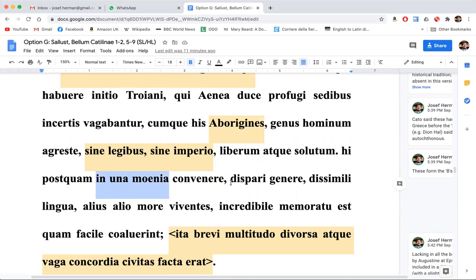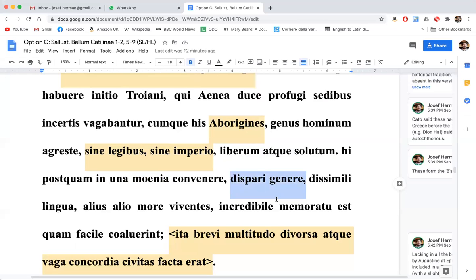And then here we have a series of ablatives, dispari genere, literally with different race. In English, we might insert a word like though, and also in English, we wouldn't perhaps say with different race, we might say of different race.